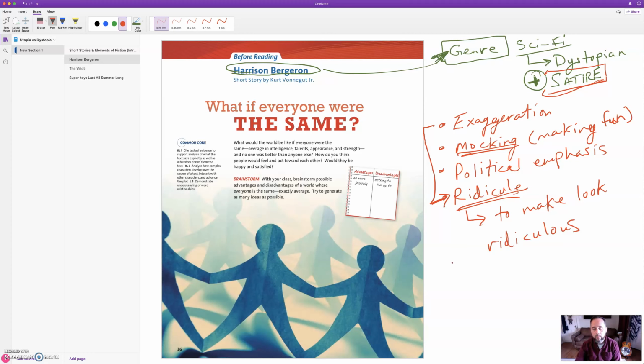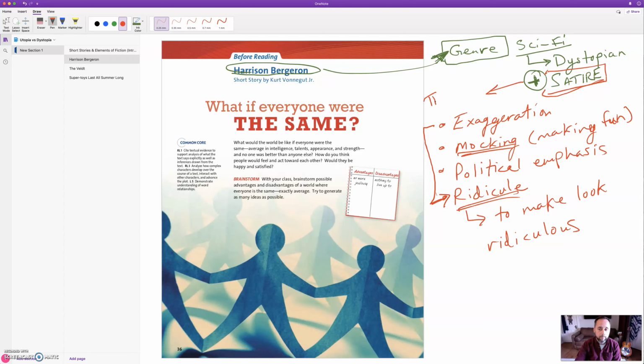And what we want to think about in this particular short story is how the author is using satire to connect to their theme, because the plot and the satire are directly pointing to a theme.